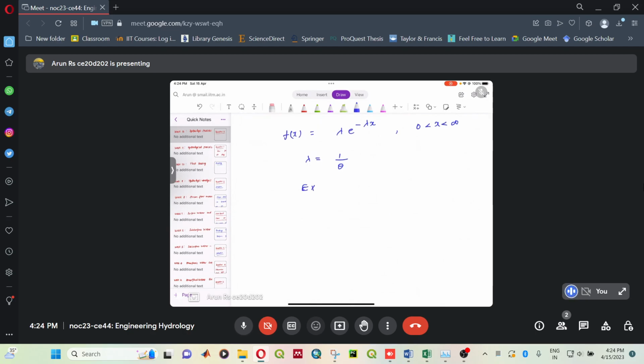So the expected value of x, which is nothing but the mean, is 1 by lambda, which is nothing but theta. So this is the first measure.